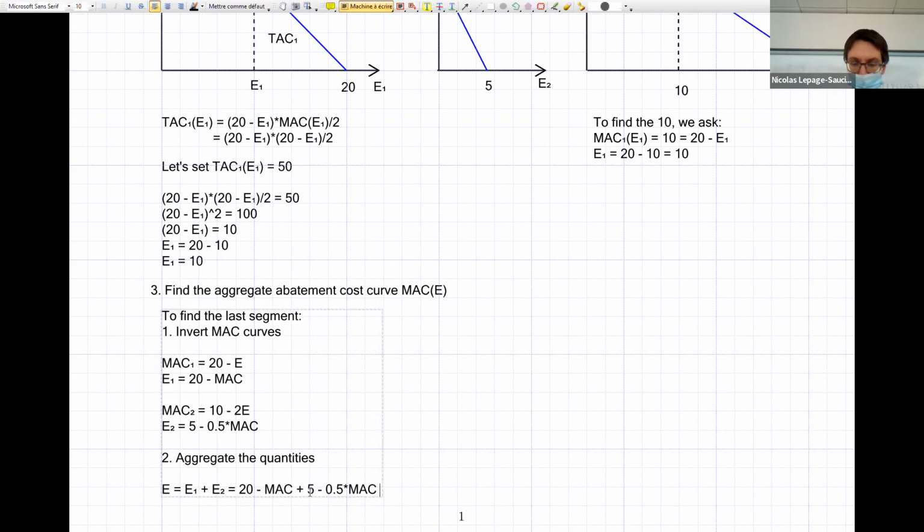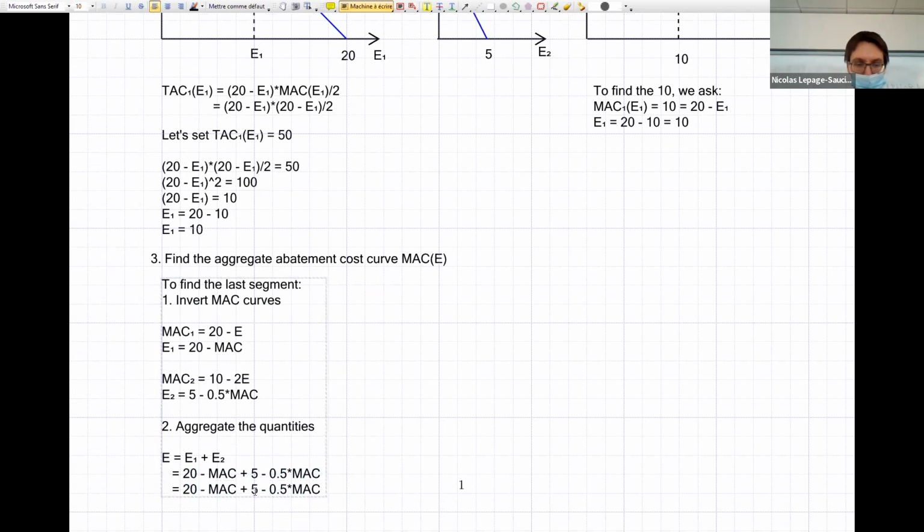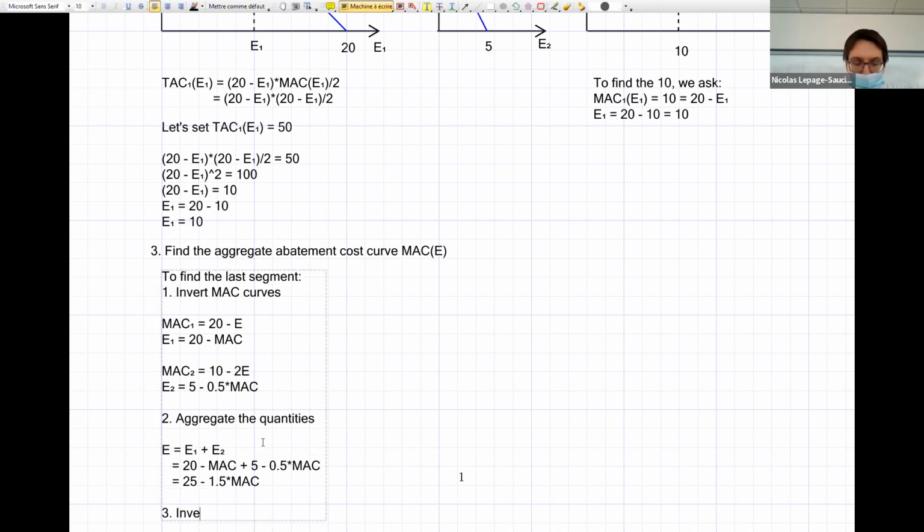So I find that 25 minus 1.5 MAC, then invert back into aggregate.